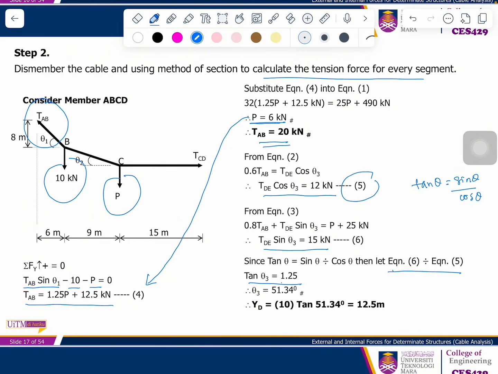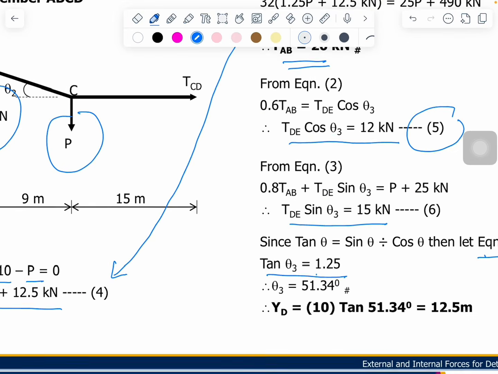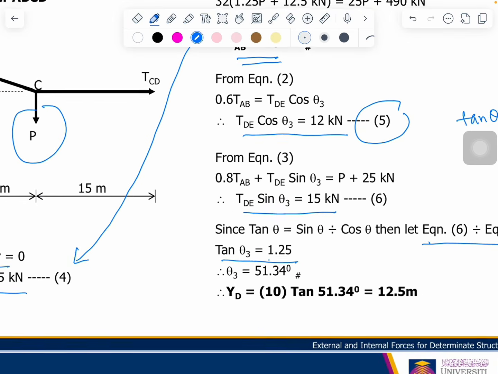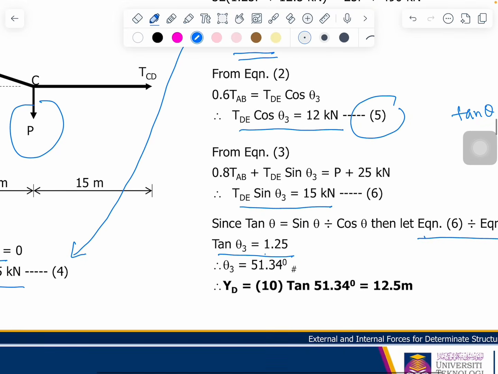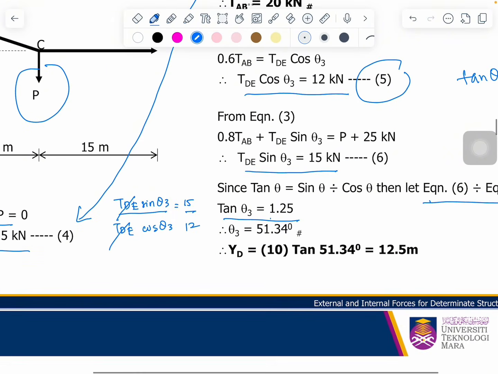TDE sine theta 3 equals 15, divided by TDE cos theta 3 equals 12. You cancel TDE, and then tangent theta 3 equals 15 over 12.